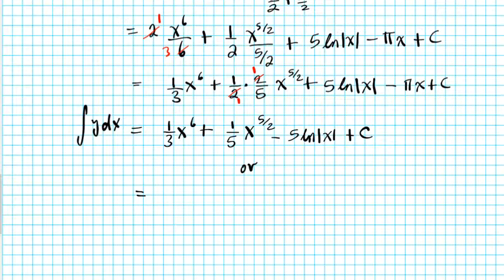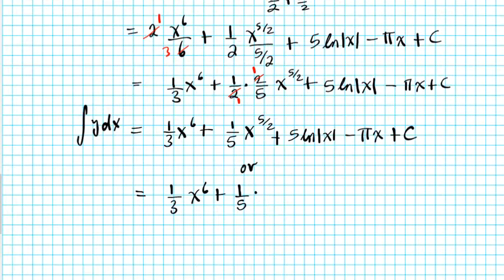Okay, so quick correction. This is plus 5 ln absolute value of x minus pi x plus c. Left out part of my answer there. Okay, so this is one way you can write down the answer. Another way you can write it is 1/3 x to the 6th plus 1/5.